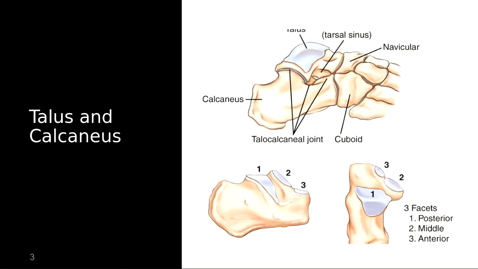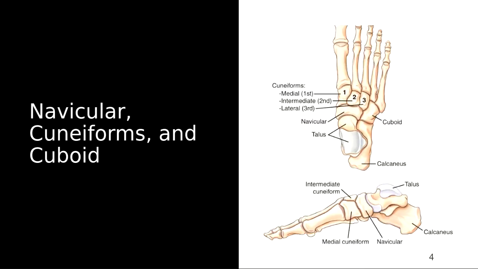And then again, showing you the three facets: the posterior facet, which is labeled number 1, the middle articular facet, which is number 2, and the anterior articular facet, which is number 3. When we look at the navicular, the cuneiforms, and the cuboid, again, just to show relation of where the calcaneus actually sits.